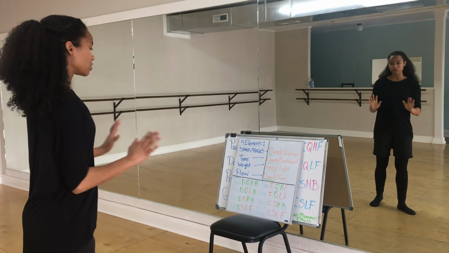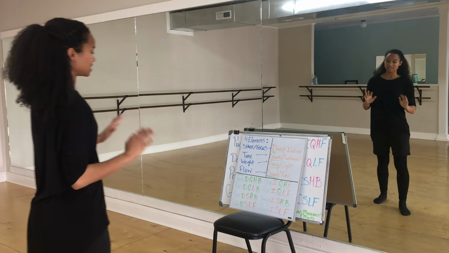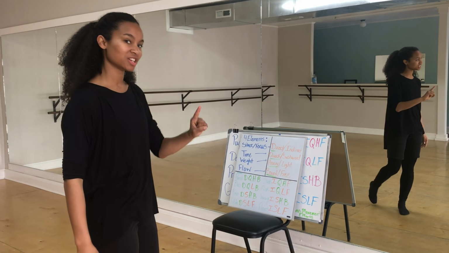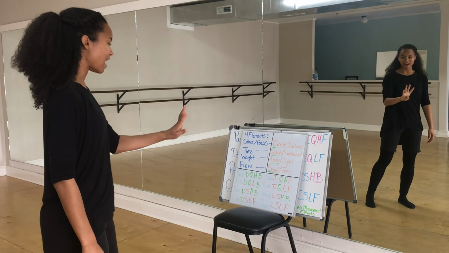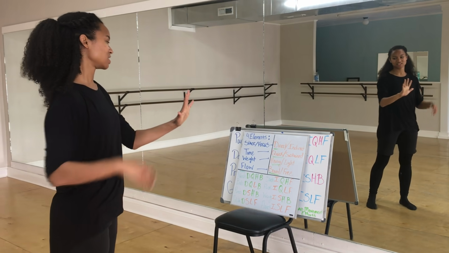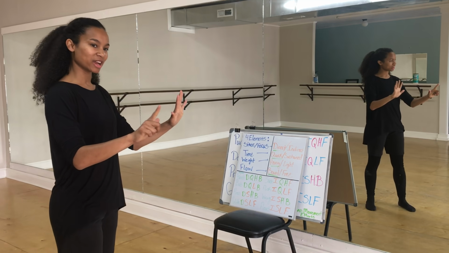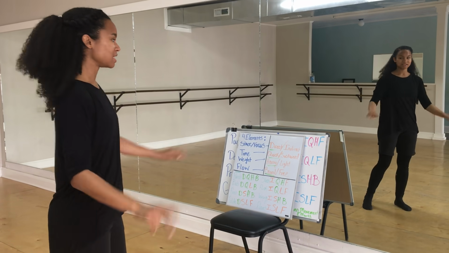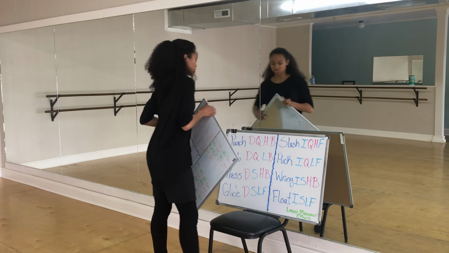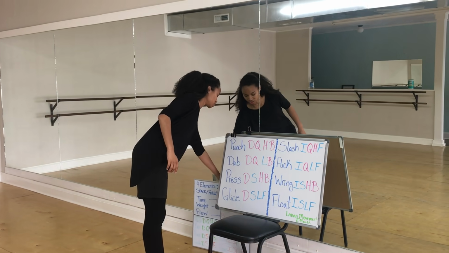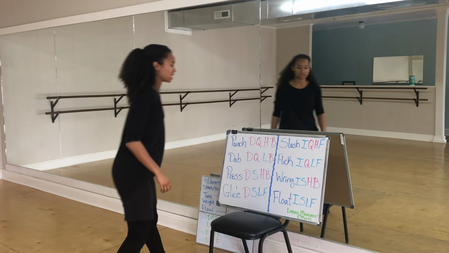So I'm going to go over the 8. There's punch, dab, press, glide, slash, flick, wring, and float. Now I made a different chart for you, and I'm going to demonstrate each one just so that it's clear.